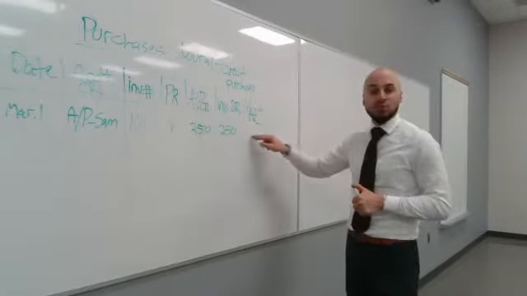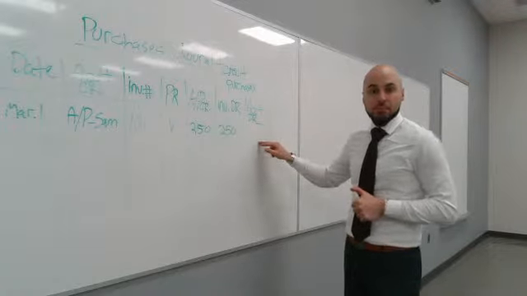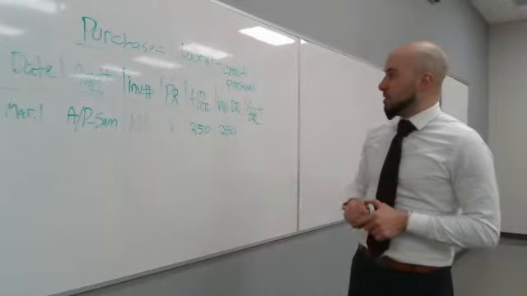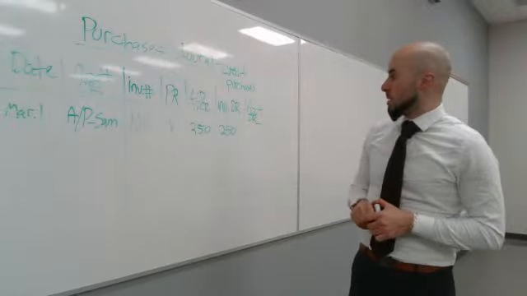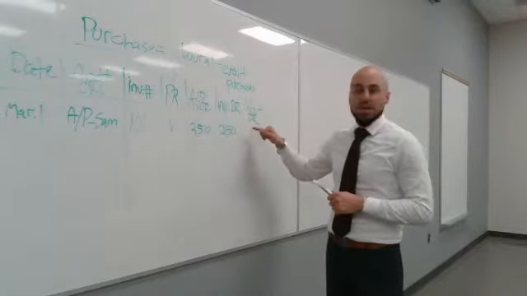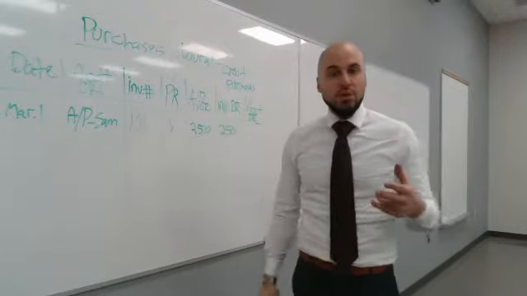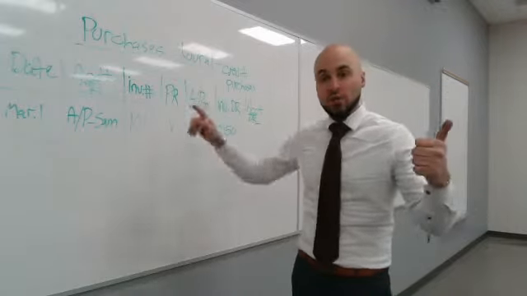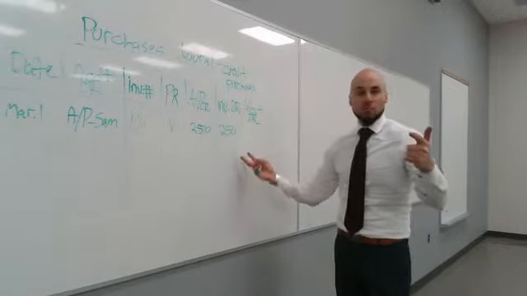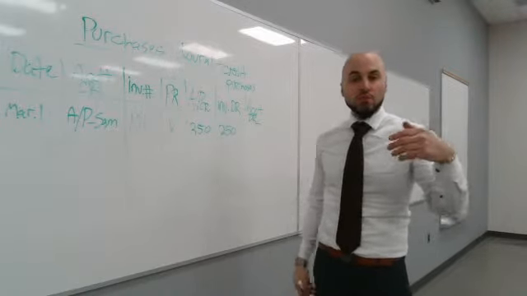That's why it says account to debit, if it's not an inventory item. In other words, you're either purchasing inventory on credit or you're purchasing another asset on credit. And that will determine which of these final two columns you are filling in.